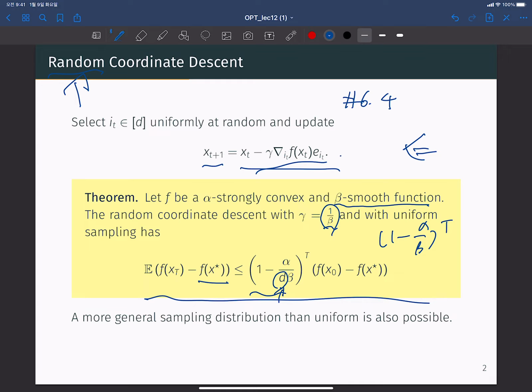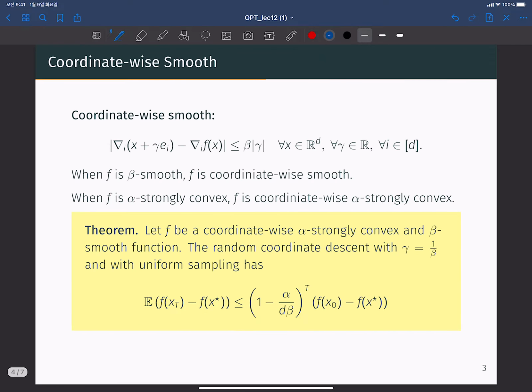So the computation time of one iteration is d times faster. In that sense, (1 minus alpha over beta) to the T is roughly the same as (1 minus alpha over d beta) to the T. A more general sampling distribution than uniform is also possible. Let's consider the more general case from the next slide.